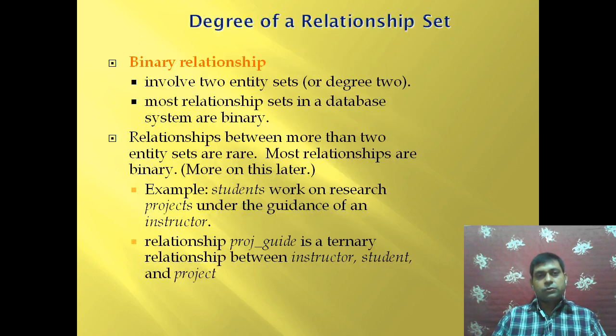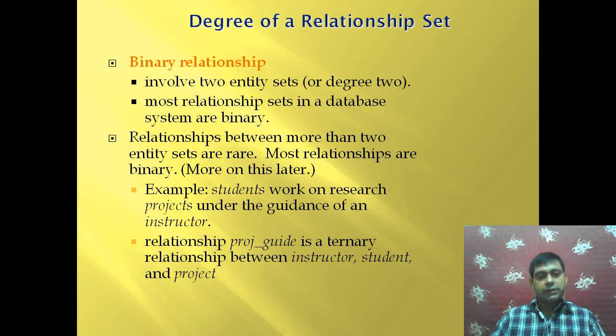Now coming to the next topic, where we will discuss binary and ternary relationship. Binary relationship is very simple, like doctor treats patients. So doctor and patients are the entity sets involved, and treats is the name of the relationship, where we can say that this is a binary relationship.